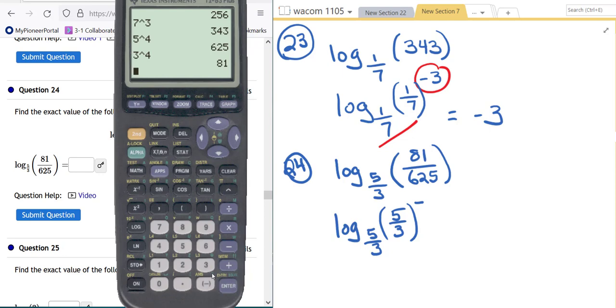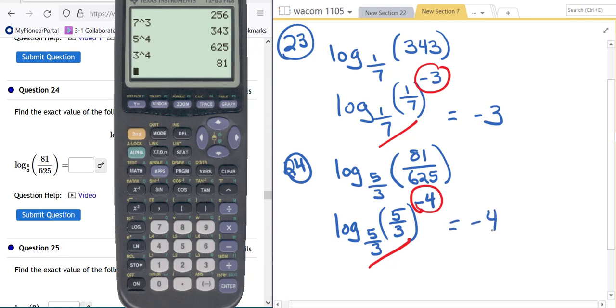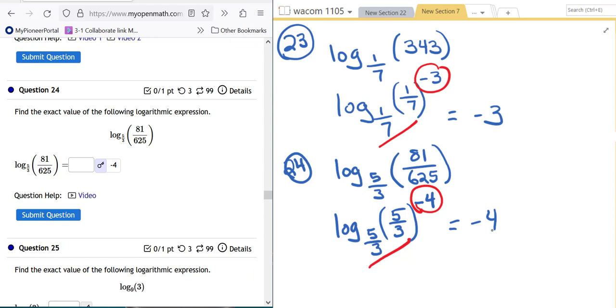Yes, it is. So if we do this to the negative 4th, the negative 4 would go to each one. They're both going to be negative, so it's going to flip it over, and that would make it 81 over 625. The goal was to get these two bases the same. Then the answer by the property is the exponent. Good.